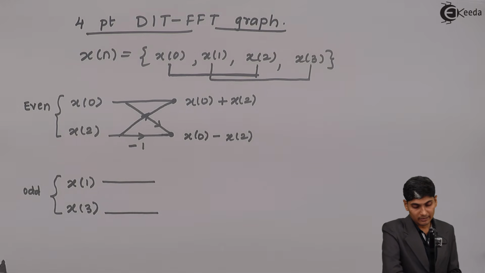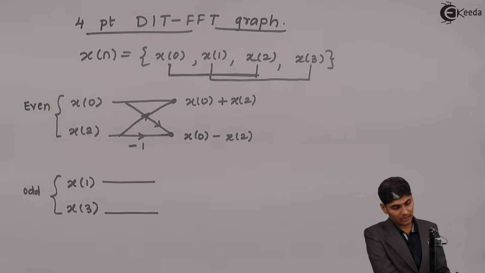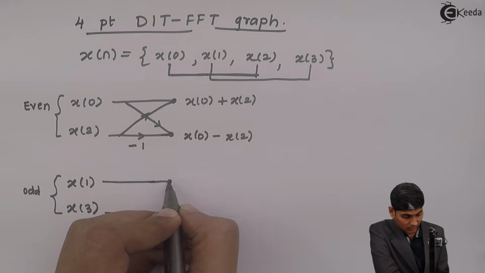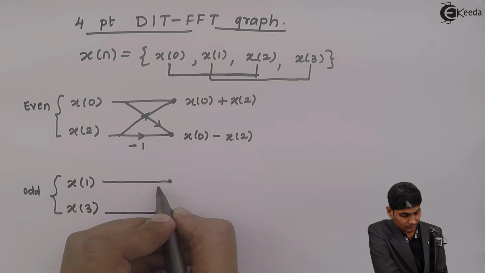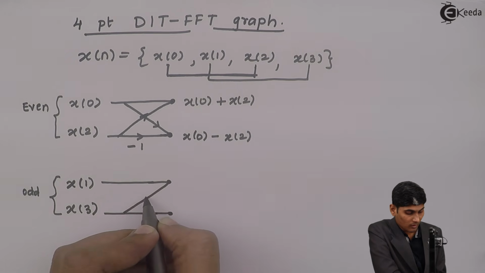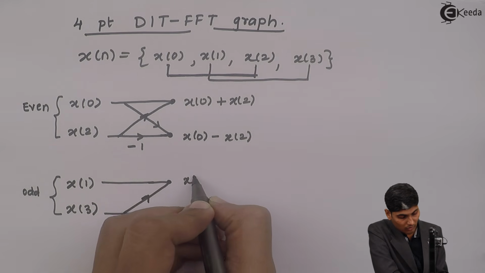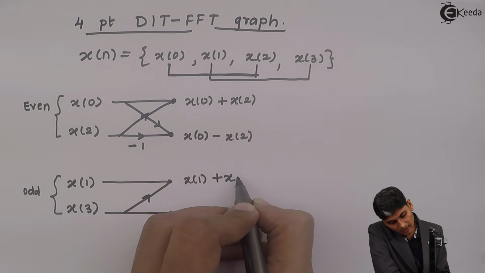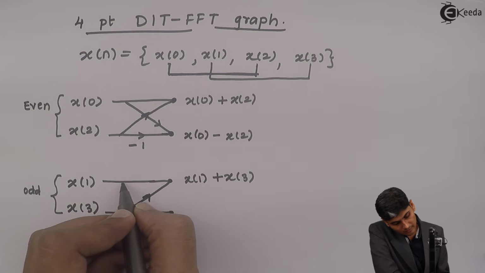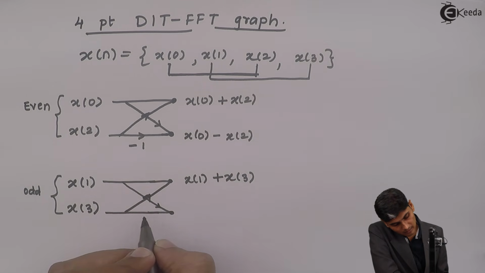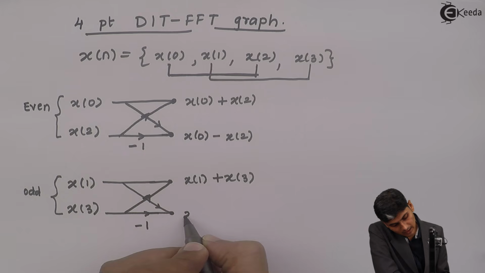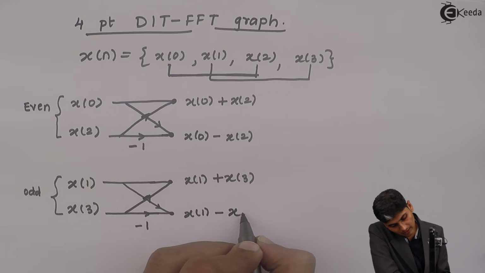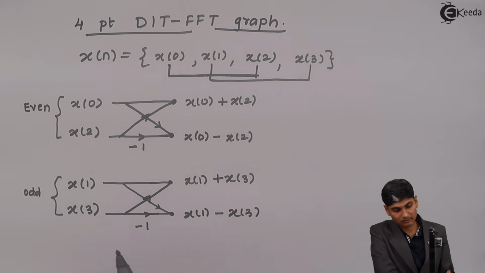Right? Now similarly I do with the bottom sequence, the odd part. Here I have x of 1 plus x of 3, whereas here I will negate, and here I will get x of 1 minus x of 3.